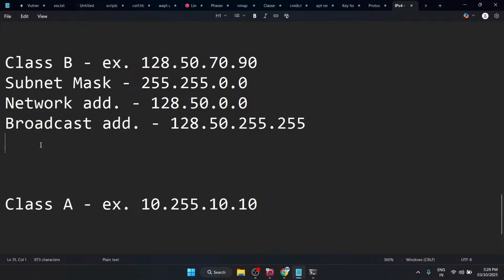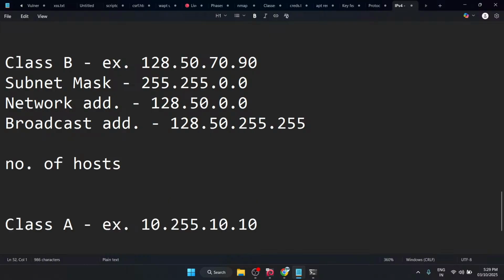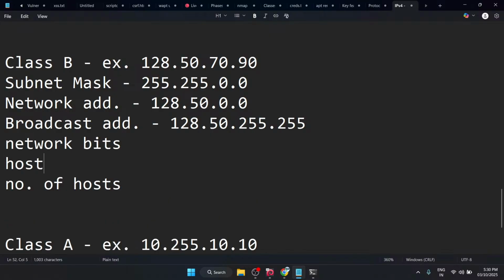Subnet mask, network address. Now, let's talk about number of hosts. And of course, before that, we need network bits, host bits. So, how many network bits? These two octets represent the network portion.